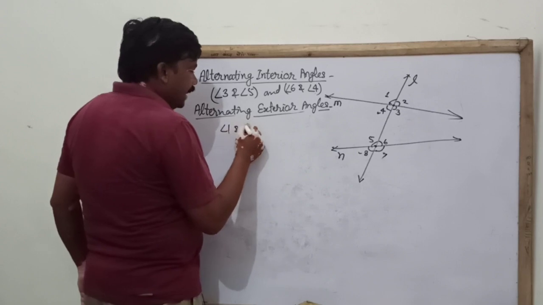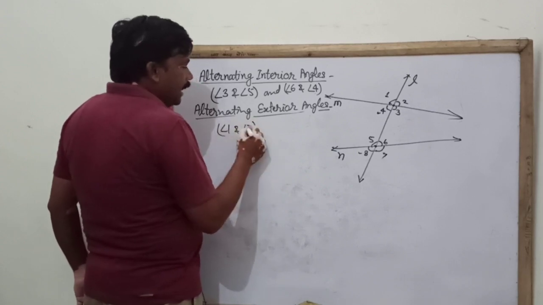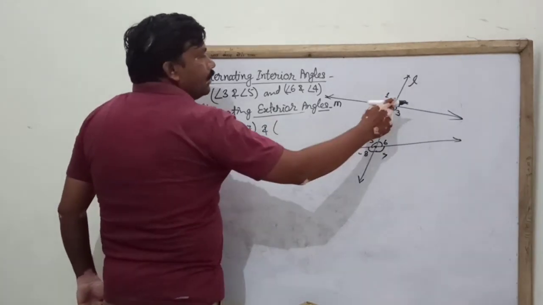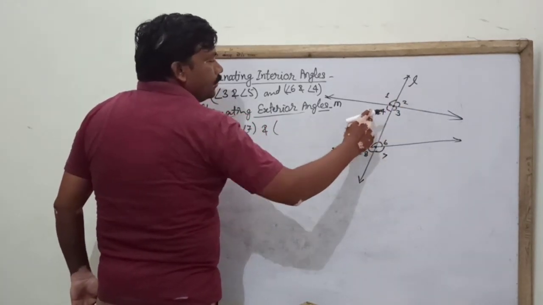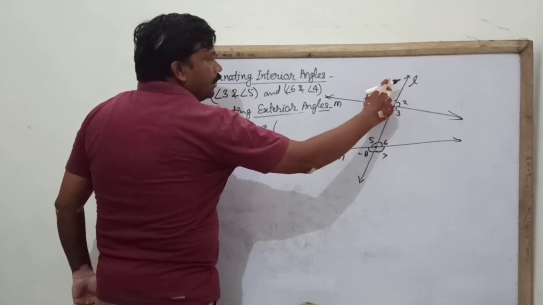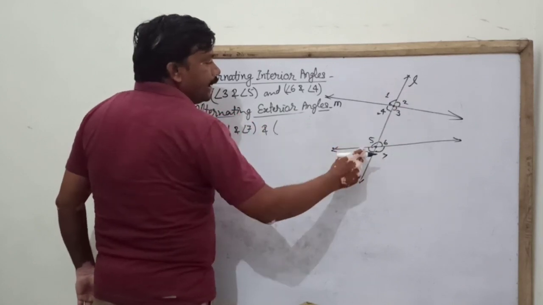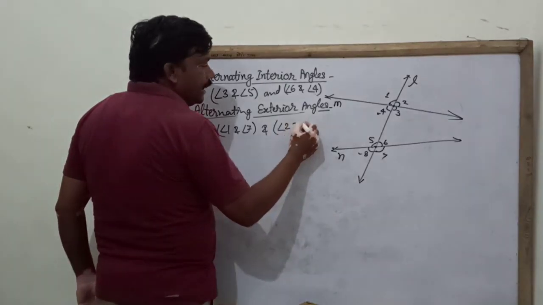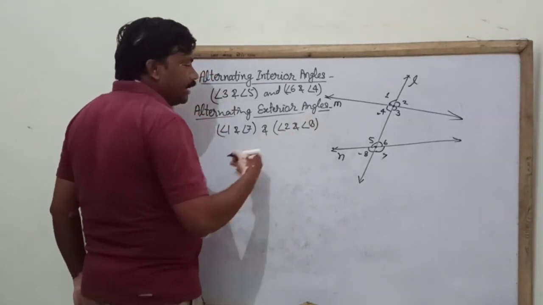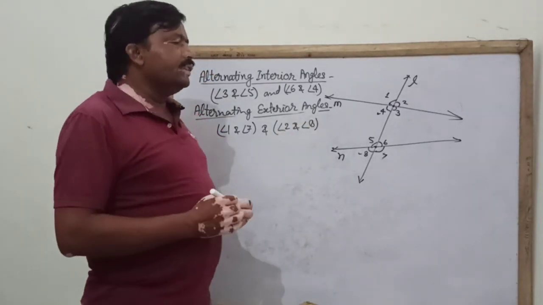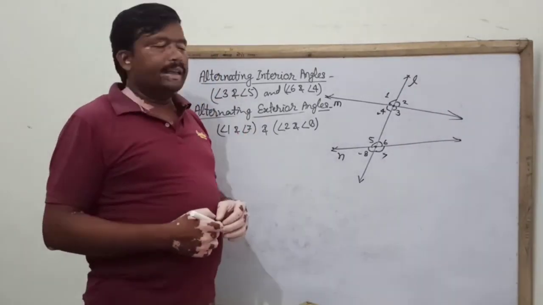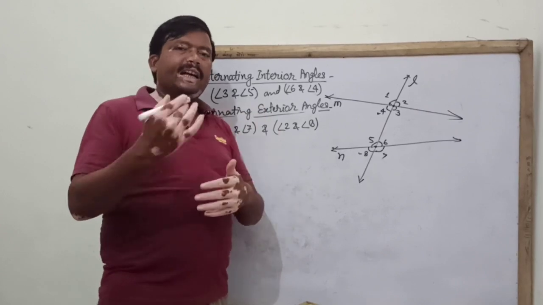Angle 1 and angle 7 are alternating exterior angles. Move from here 1, 2, 3, move it, then 2 and 8. Angle 2 and angle 8 are also alternating exterior angles. These two terms are here. Now move to the next term.